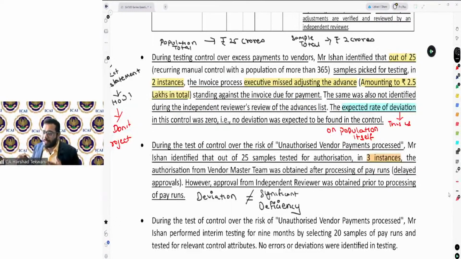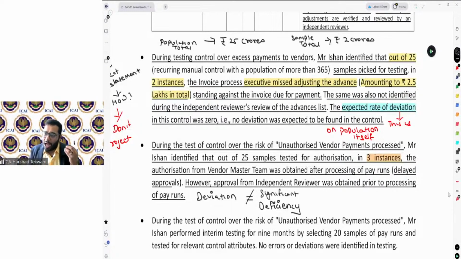If deviations are within the tolerable rate itself, I cannot say that the deviation is equal to deficiency. Simple. If I was expecting a deviation of, let's say, 5% in a sample, and the deviations are within 5%, I'm fine with that. I was expecting that, and that's why my deviation will not become a deficiency.